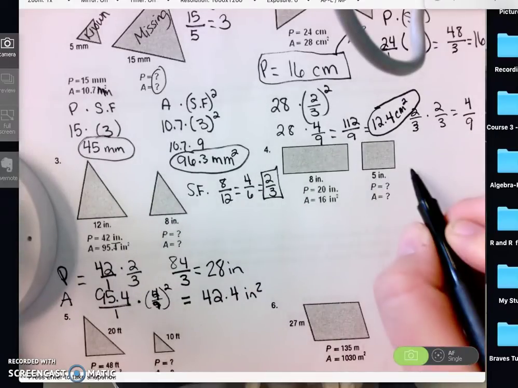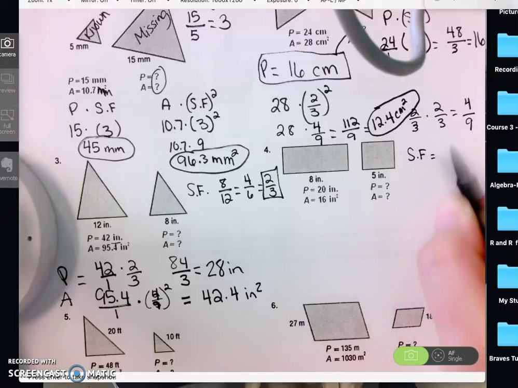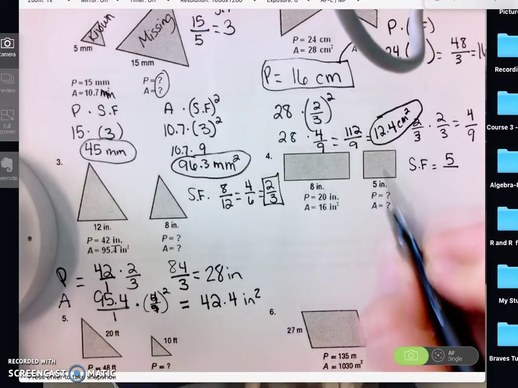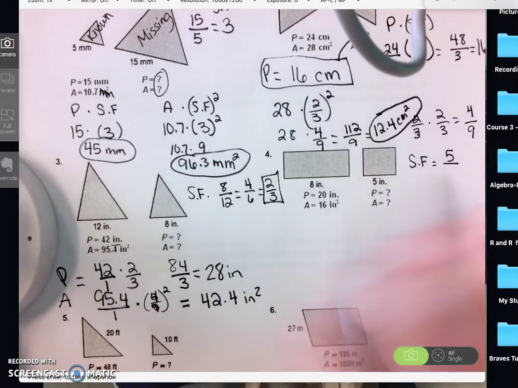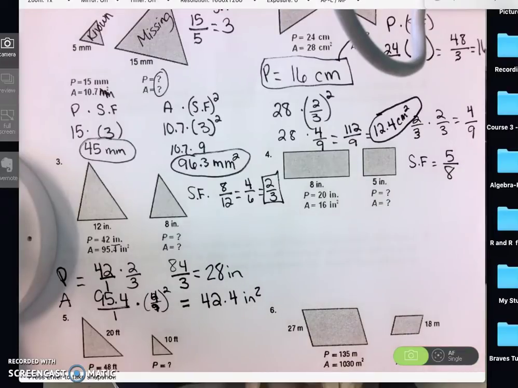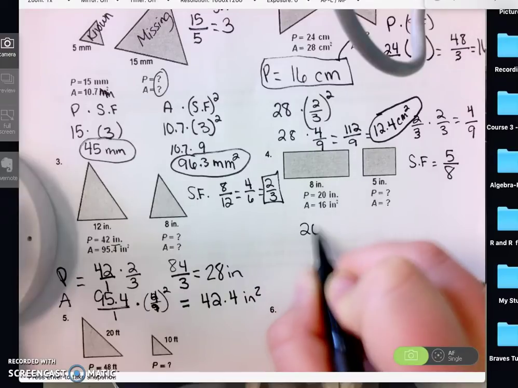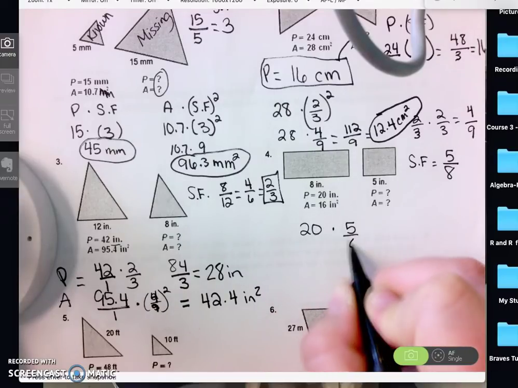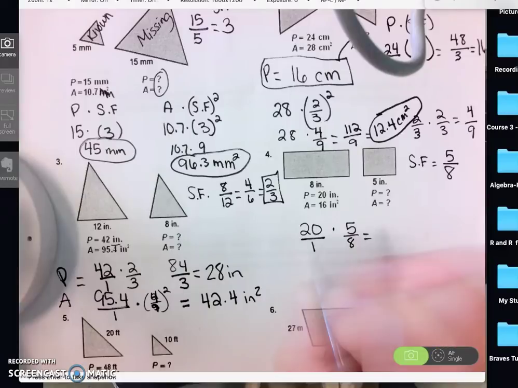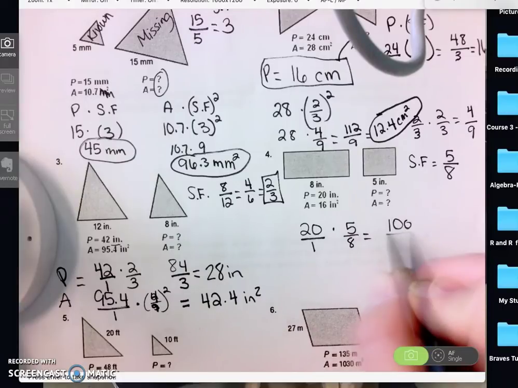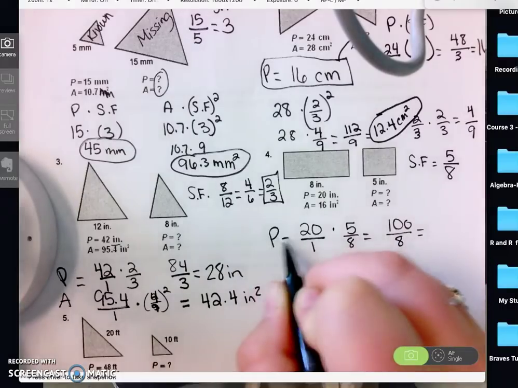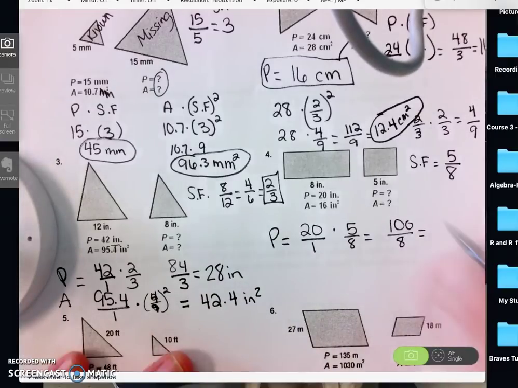This one, scale factor, our missing over 8. So then we're going to do that 20 times that 5/8. So remember, 20 times 5 is 100, divided by 8 is 12.5 inches.